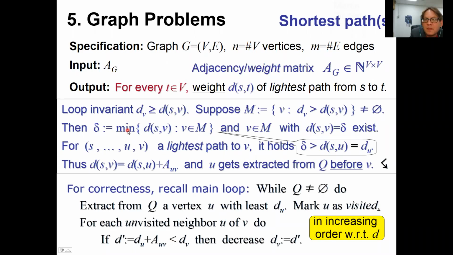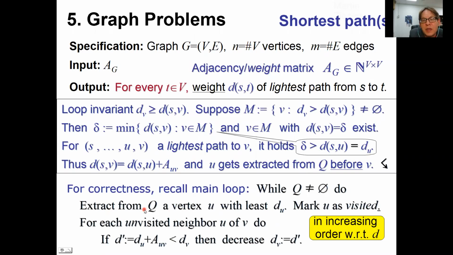Okay. And since this distance is calculated correctly, it means that when the algorithm gets to consider the distance from S to V, that final vertex, at that stage the distance to U has been calculated correctly and is less, and therefore U will be extracted, right?